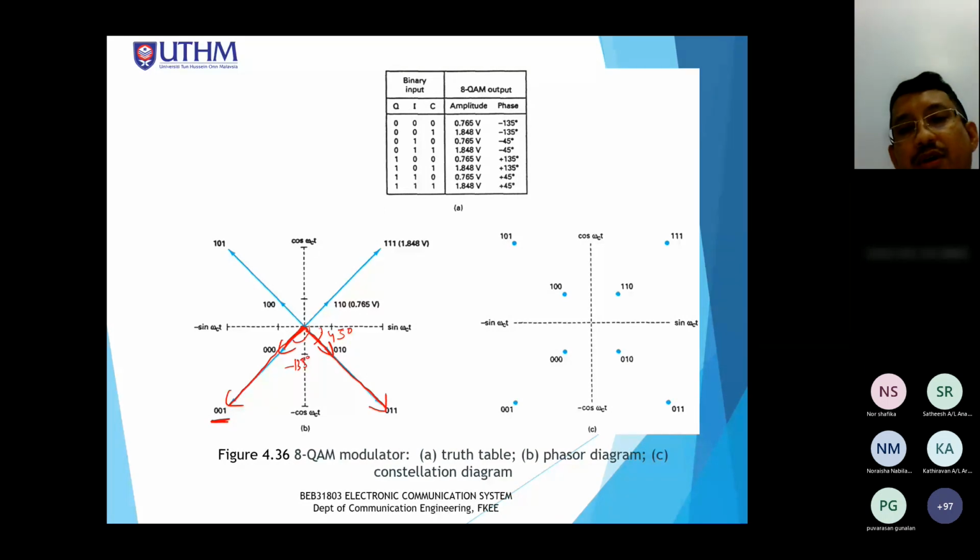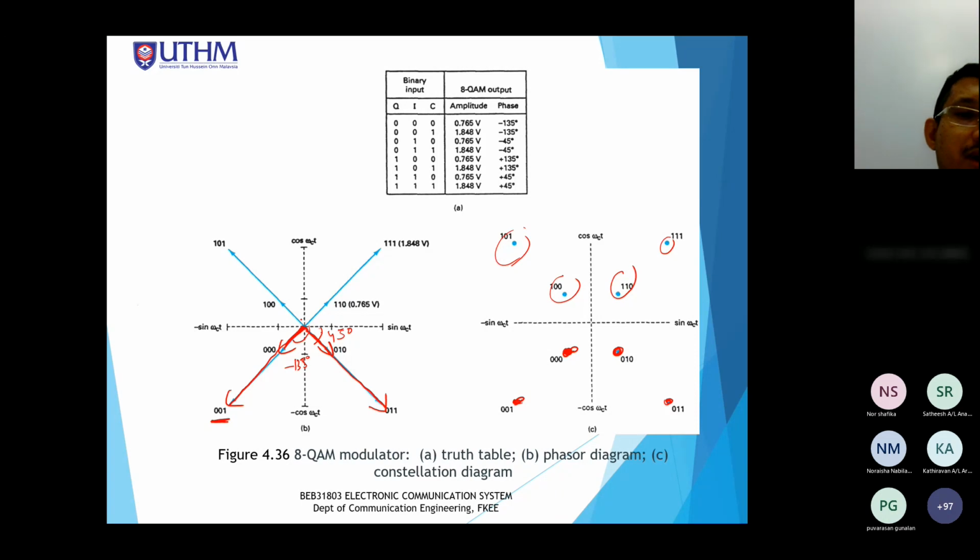Okay, so if we see the constellation diagram, the first symbol, second symbol input, third input, fourth input. And we have another 4 inputs located on the second quadrant and the first quadrant. That is for the next 4 inputs, which you can try on your own.